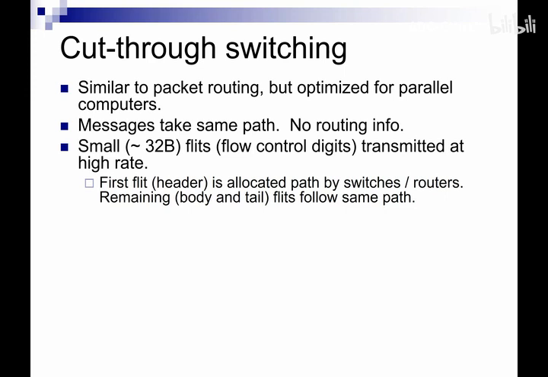The first flit is the header flit. This is allocated some path by the switches and routers that we go through. All of the remaining flits have the data in them, but they all follow the same path as the initial header flit. That way we don't have to do switching and routing on all of the other flits. We only need to do switching once.